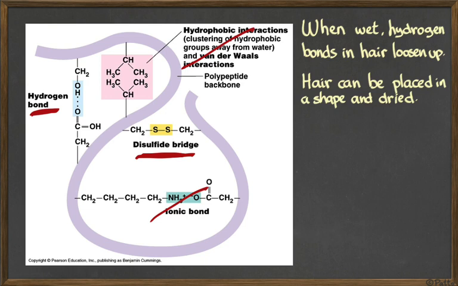Basically, you are playing with the hydrogen bonds, because if you remake them by drying, then it stays in that place. Both the curling and the straightening using the hydrogen bond idea, wetting and drying, is amazing, quick, fast, very easy, not very aggressive.